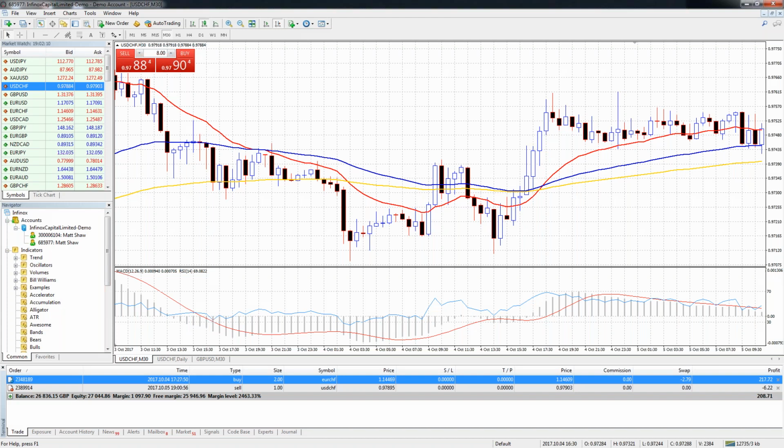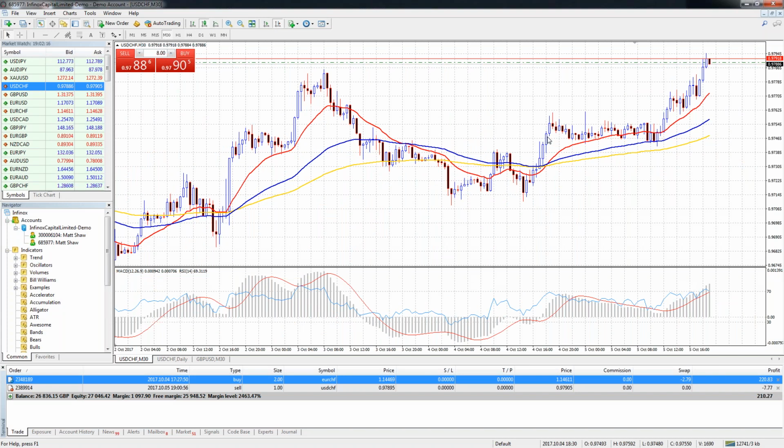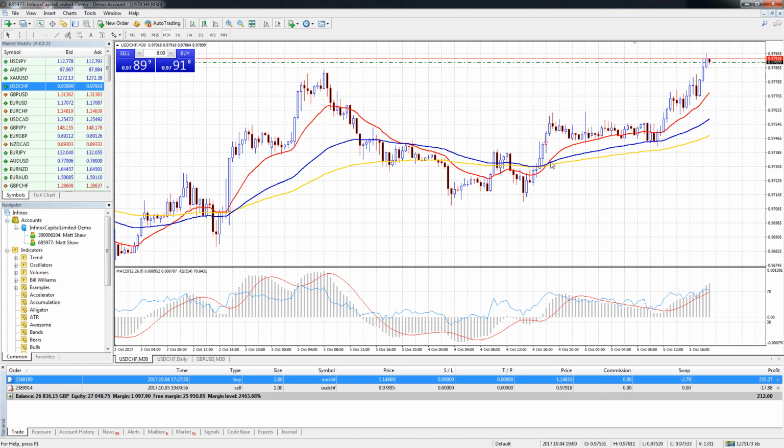Now let's zoom out a second. That's where I got in, right about there. Let's put a little arrow there. That's where I got in. Now stop loss, again, 2 lots, 2% maximum risk.